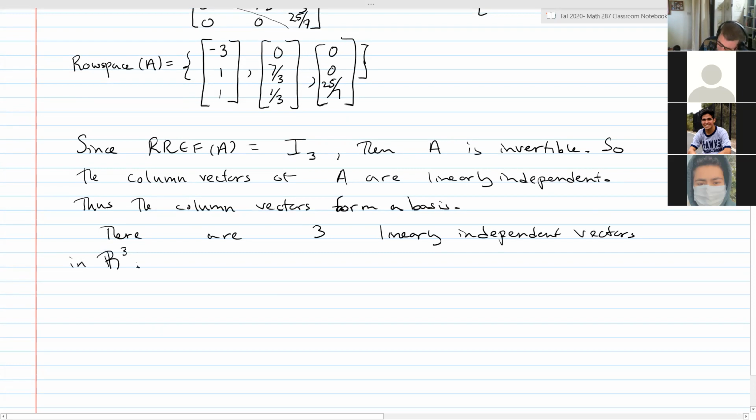Each of these vectors, the set of vectors, is linearly independent, oh, we just said that. The set of vectors thus spans R3.